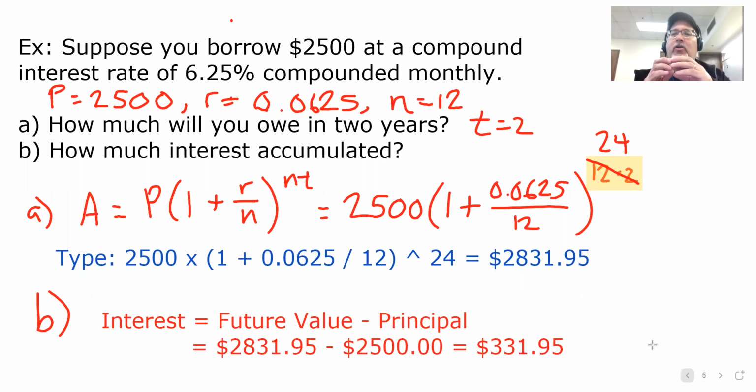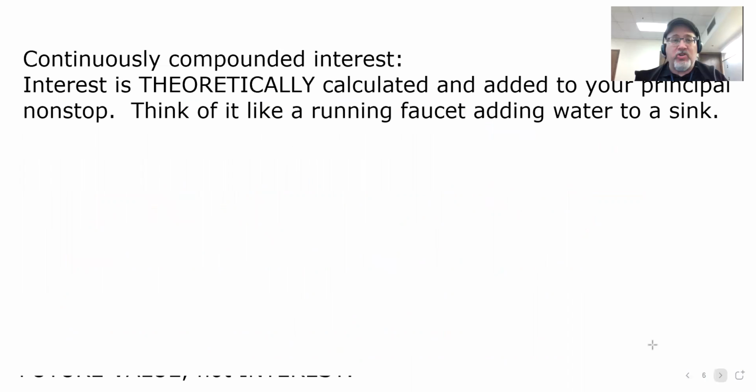It's because your pile starts getting more money sooner, and that money gets an opportunity to grow longer. So the more frequently interest is compounded, the more interest you have at the end. Now, there's a cap to how high it can get, and that's why it's called continuously compounded interest.